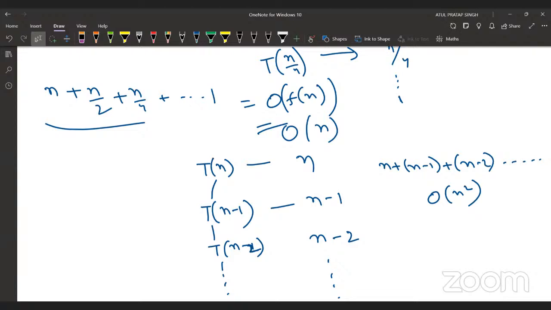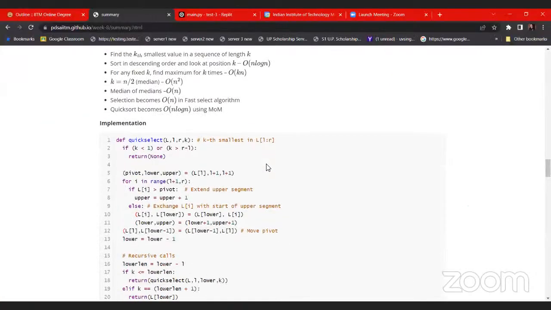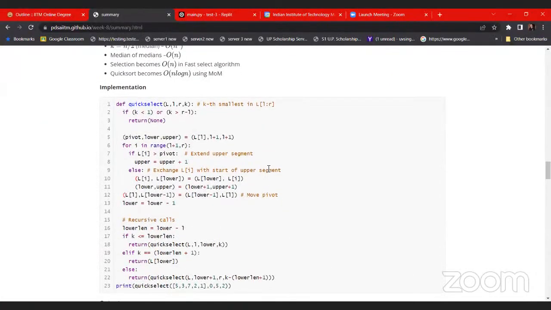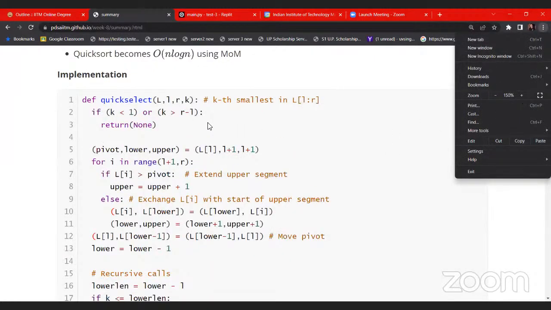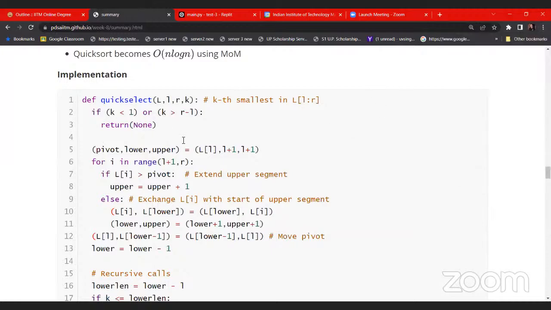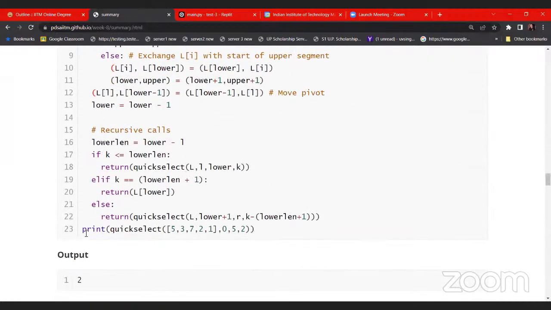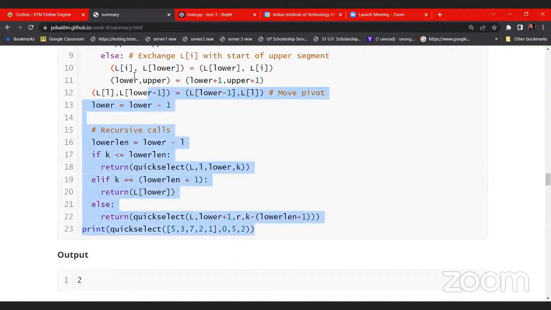There is one algorithm, MOM, discussed in the lectures. Now you can see the code here. So the quick select code, if you can see. So this is the quick sort we are calling.